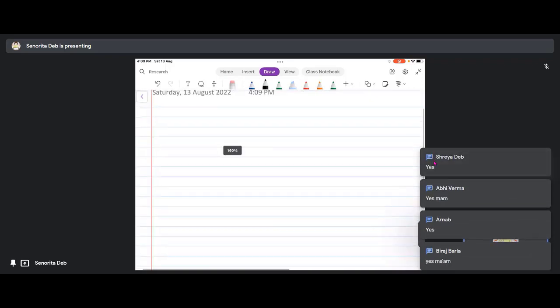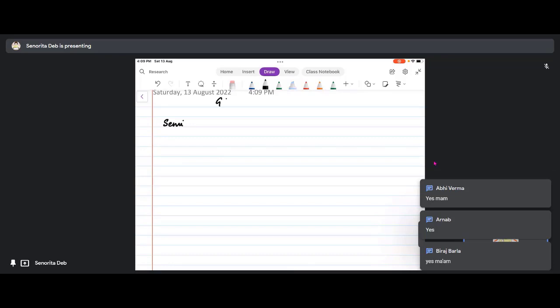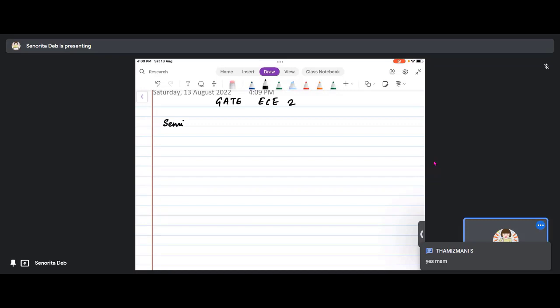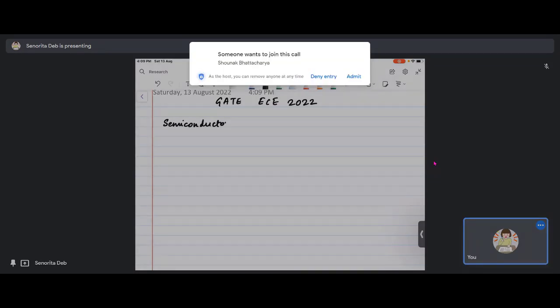Okay, so from semiconductor theory, I'm talking about the GATE EC paper 2022.